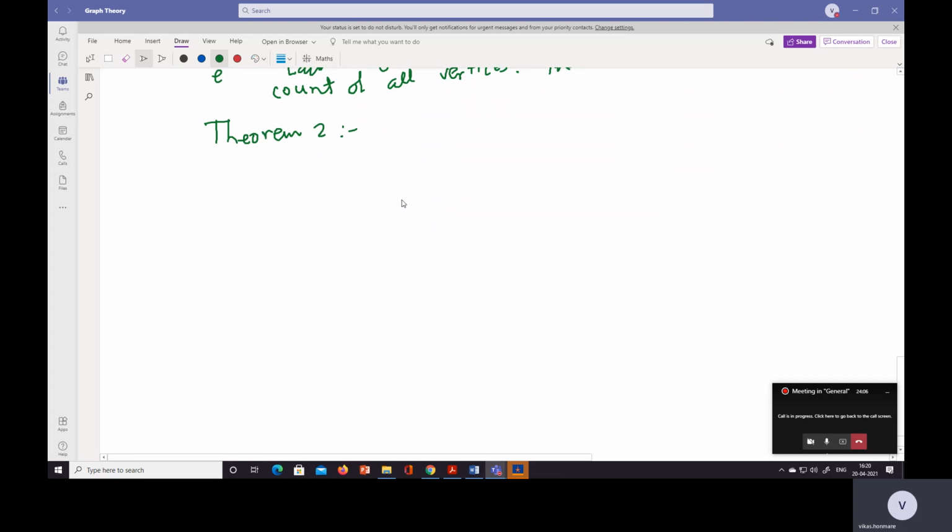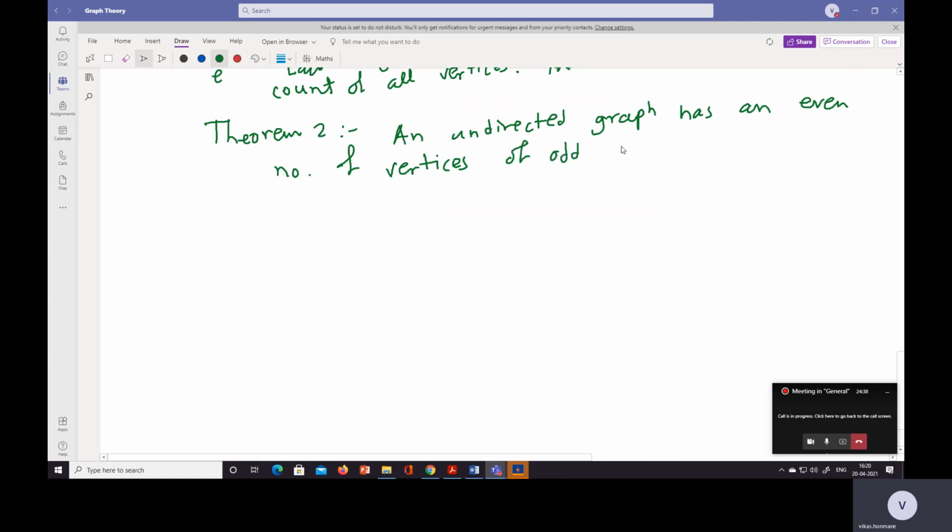An undirected graph has an even number of vertices of odd degree.